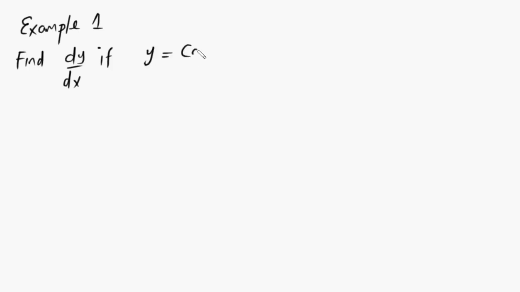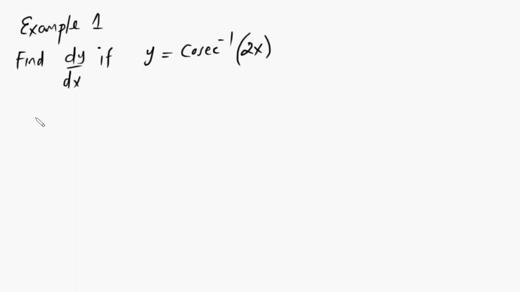So now let's do one example here. I call this example 1. It says find dy dx if y is just equal to cosec inverse of 2x.